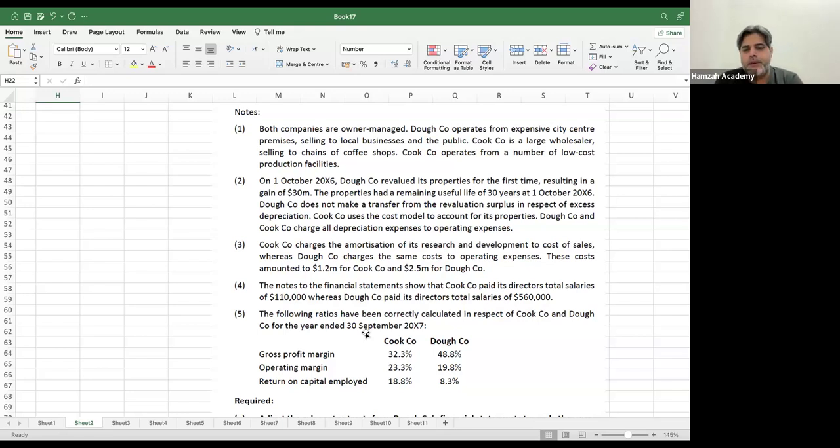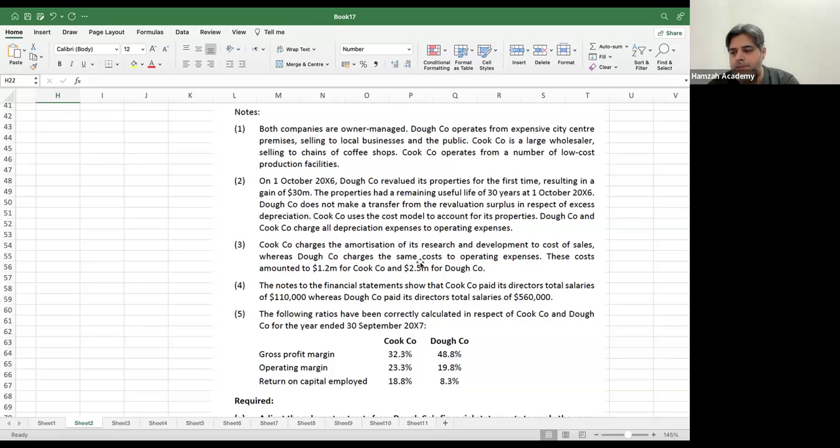These costs amounted to 1.2 million for Cook and 2.5 million for Dow company. So basically, we have to adjust for the Dow company. We will adjust this amount for the Dow company over here, right?